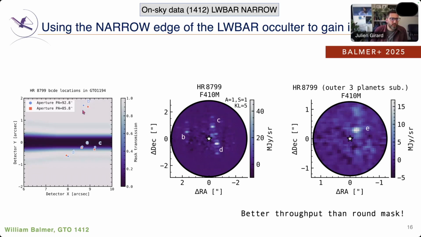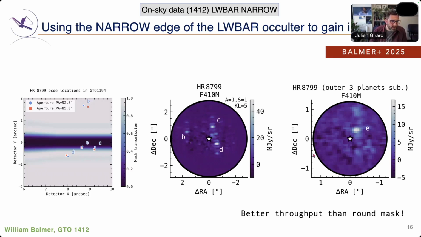It's perpendicular and pretty far away. But then you can see that planet c and e are well inside the inner working angle, which in this case is 4 lambda over D. So this is the reduced image, and you can't really see planet e unless you subtract the 3 others. And when you subtract the 3 others, it pops out very well.